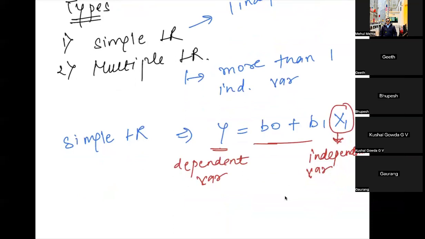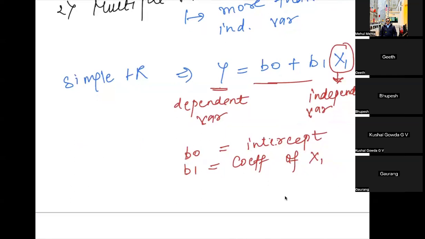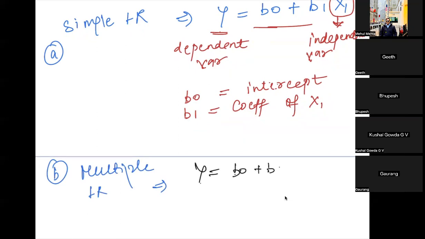Now, what are b0 and b1? b0 is your intercept, and b1 is your coefficient of x1. This is how simple linear regression looks. Second is multiple linear regression, defined as y = b0 + b1x1 + b2x2 + ... + bnxn.